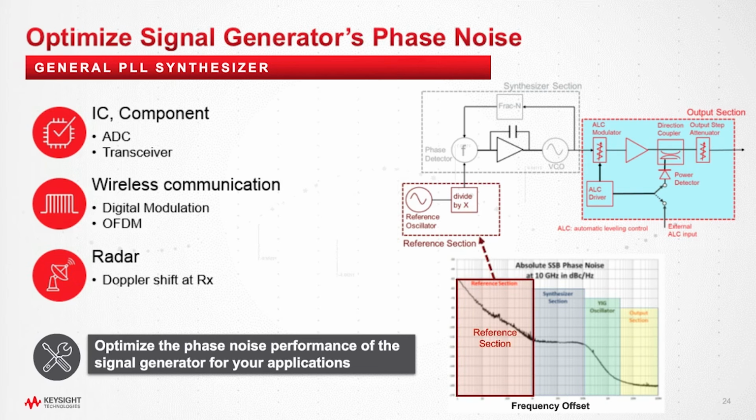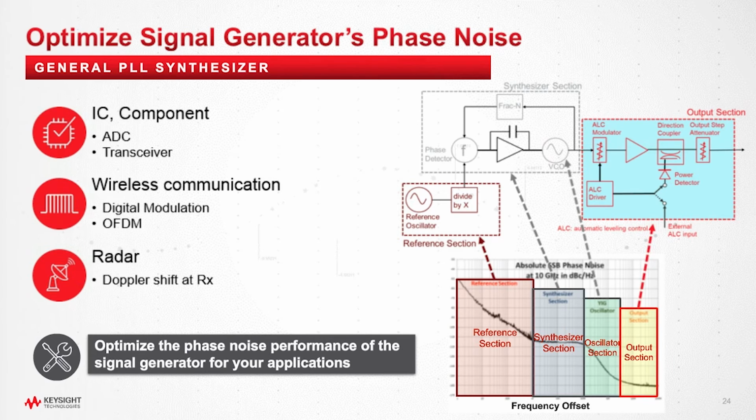For offsets below 1 kHz, the noise is dominated by the performance of the reference oscillator, which is multiplied up to the carrier frequency. From offset 1 kHz to roughly 100 kHz, the synthesizer influences most. The VCO and YIG oscillator dominate from 100 kHz to 2 MHz. And the output amplifier dominates offsets above about 2 MHz for the broadband noise.